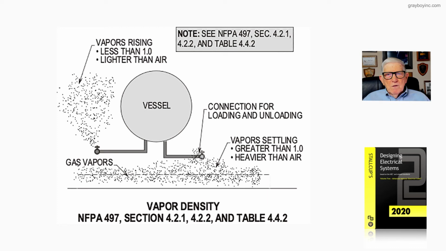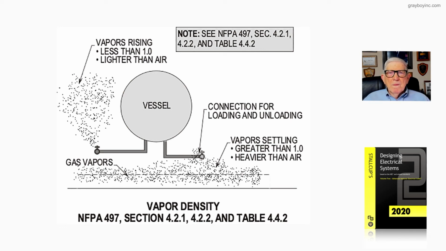So when you're dealing with this vapor density, you're going to have to go to NFPA 497, and the sections you see, 4.2.1, along with 4.2.2, and then, of course, your table 4.4.2 will give you all the information that you need to know about vapor density. But that's one of the 4 things, see, that the engineers are going to look at very closely.